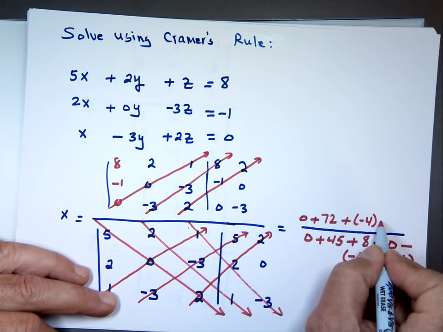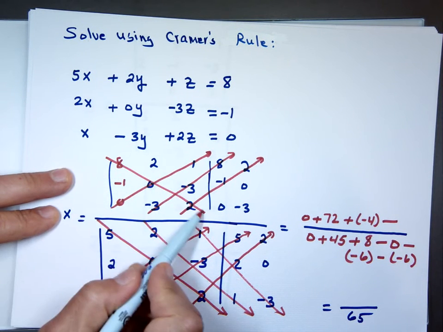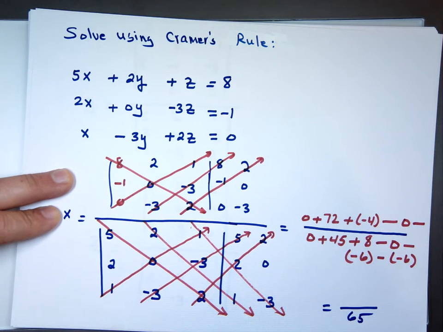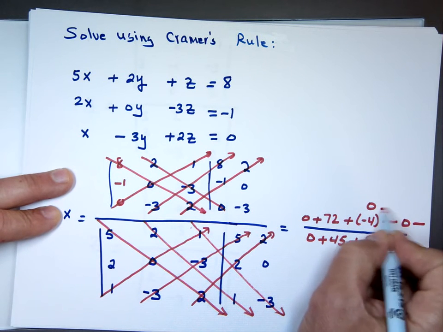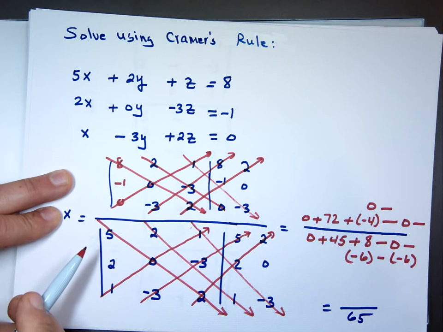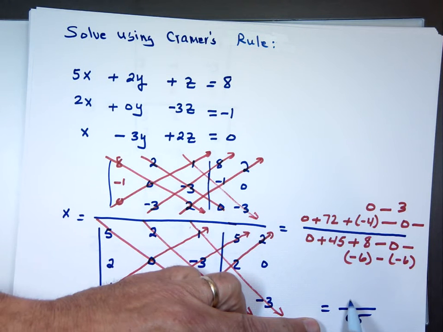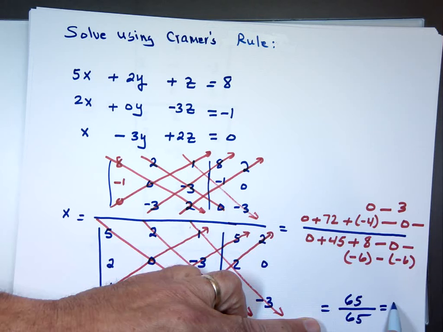Now it's the minuses. 8 times 0 times 2, 0, minus 2 times -3 times 0, 0, minus. And what do we have here? It looks like a 3, right? So what is that number? 72 minus 4 minus 3. It's 65. What is 65 over 65? 1. X is 1.